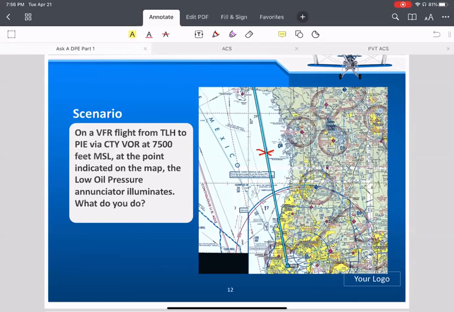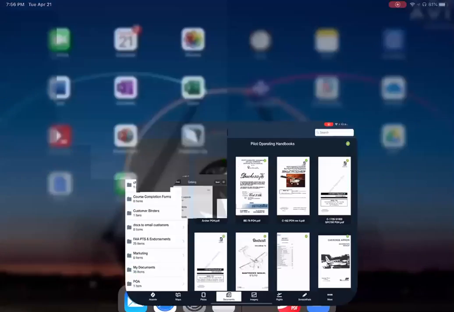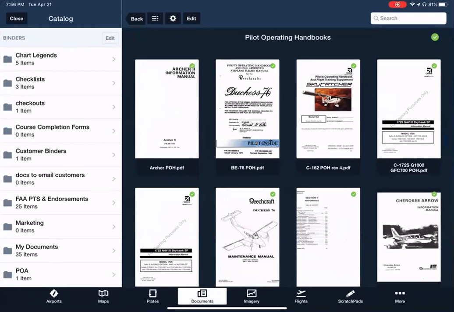Okay. Where are you going to look at in POH? Well, if we're getting mismatched readings there, I would next look at the oil temperature, see if my temperature is going up.